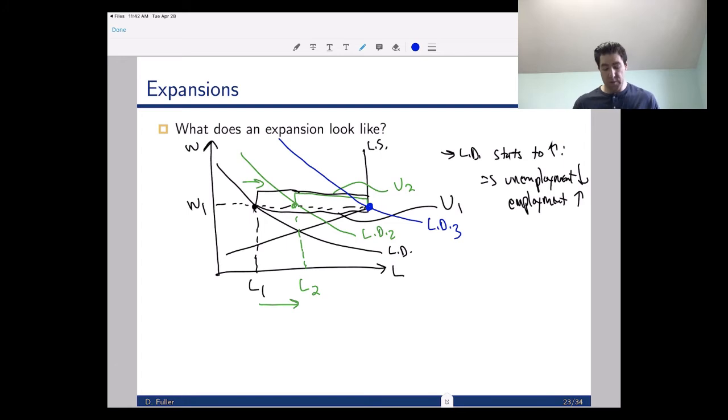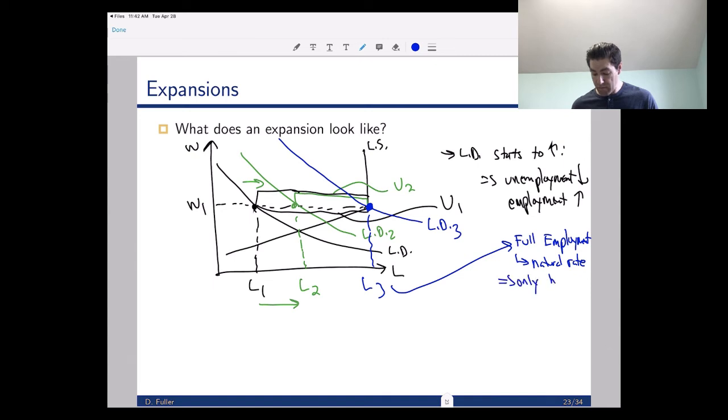So we eventually return to L3, which is what I call full employment. And that doesn't mean everyone is working. It just means the unemployment rate is at its natural rate, meaning we only have frictional unemployment. Only unemployment that's left over from the time it takes to find a job.